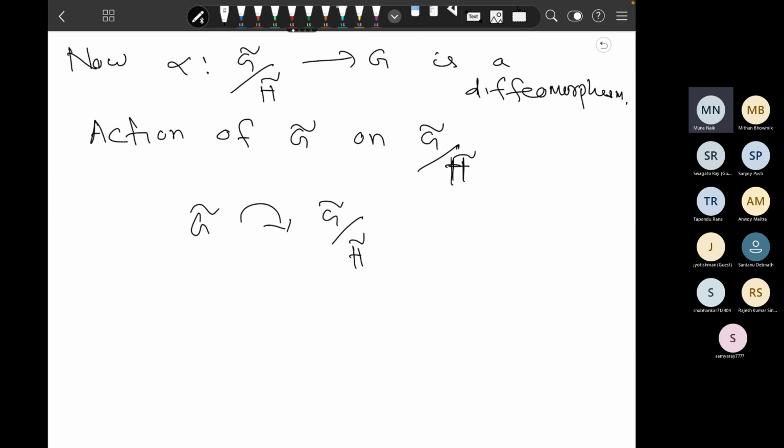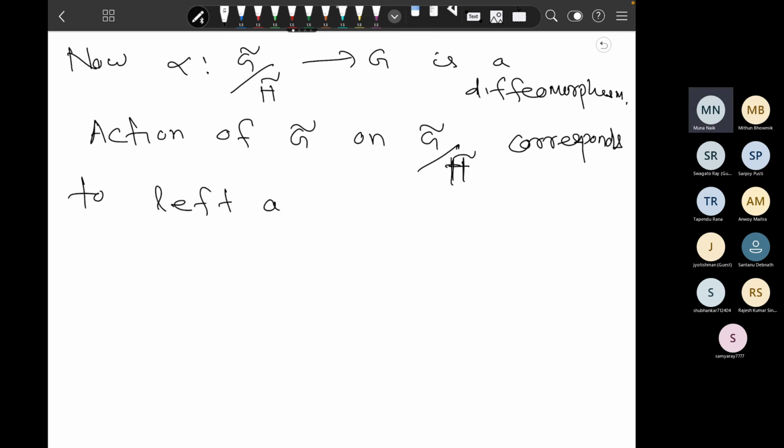This is just the usual action by left translation, right? But on G, it acts from both left and right, right? The action of G tilde on G tilde by S tilde corresponds to left and right translation on G.